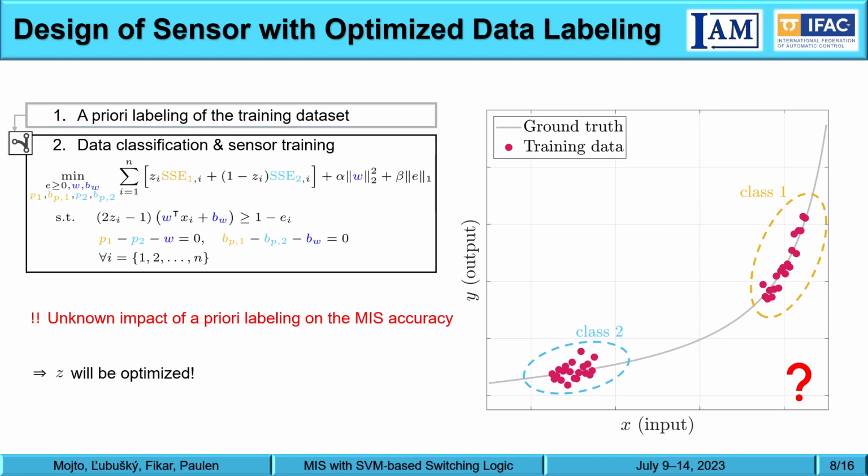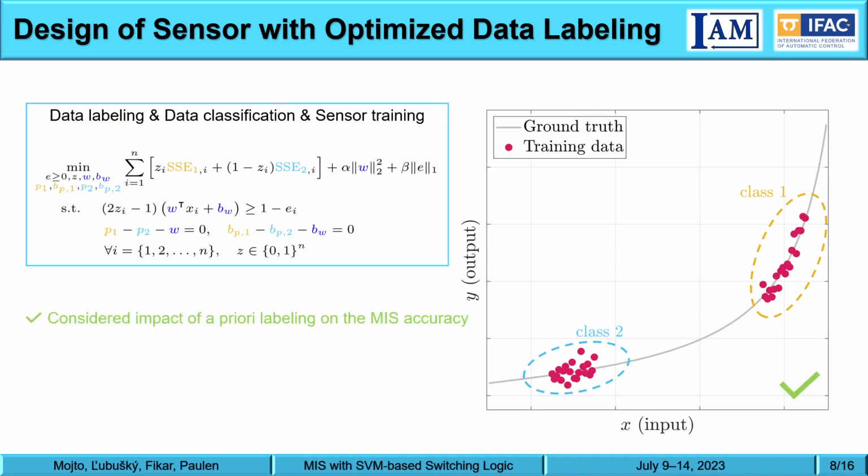So basically we start to optimize this vector of the binary variables, and this allows our optimization problem to consider the a priori labeling during the design of the multimodal inferential sensor by simultaneously solving all three tasks of the original state-of-the-art approach.